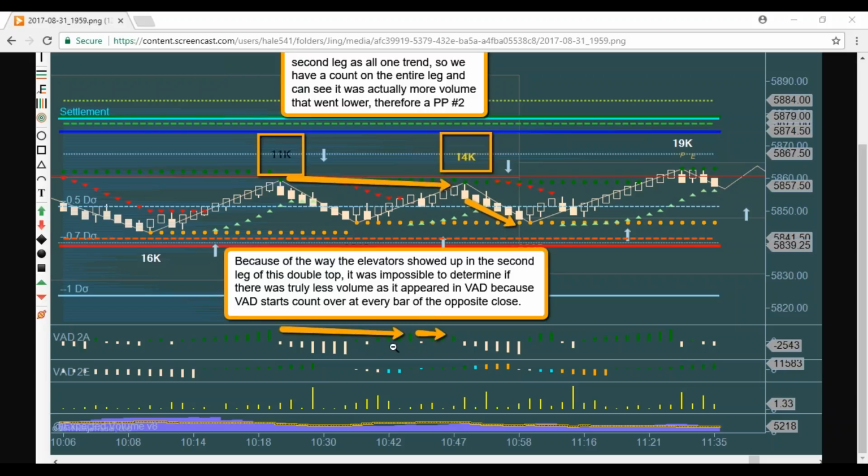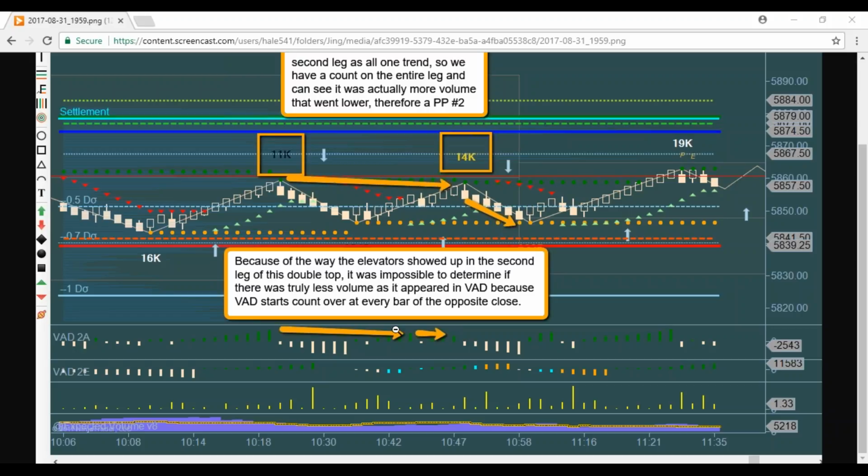But what did VAD do? VAD was a lot, and then VAD was a little. What are the rules for a number 2? It has to have more volume, but not go up as high. Correct? So using VAD, was that a number 2 setup, yes or no?